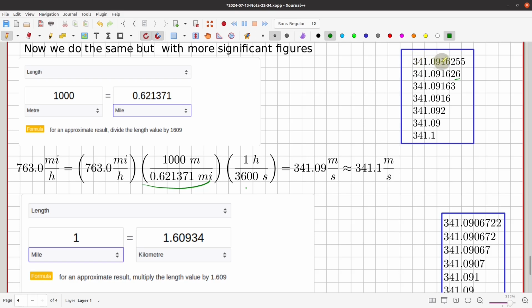So the original number 341.091625 with 10 significant figures can be rounded to 341.091626, which has 9 significant figures.